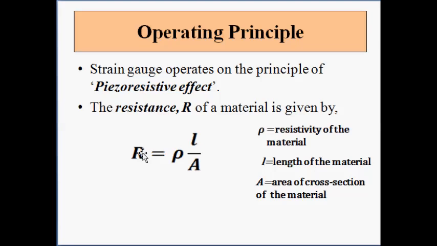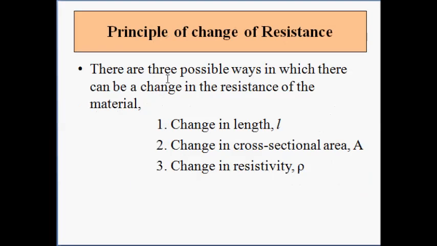These are the three things which are exploited in the piezoresistive effect to construct a strain gauge and to measure physical quantities such as force, pressure, strain, stress, etc. There are three possible ways in which the resistance of the material can change: a change in length, a change in cross-sectional area, or a change in resistivity.